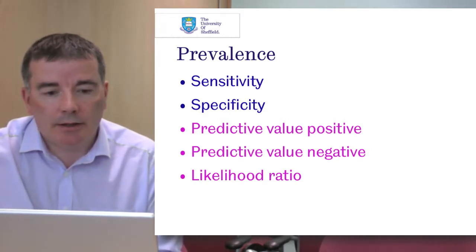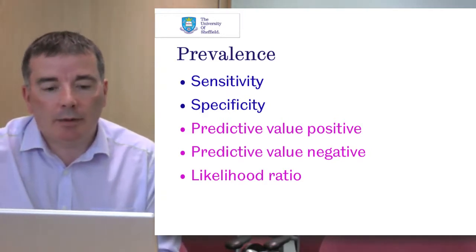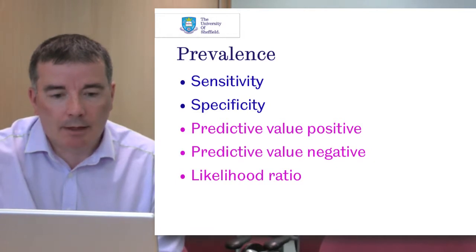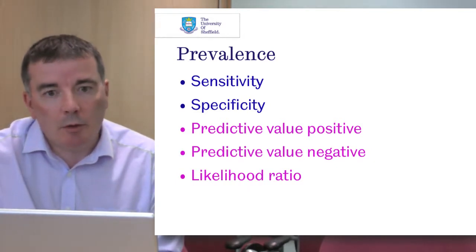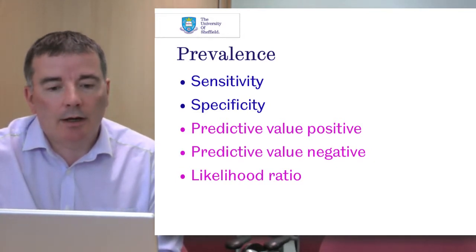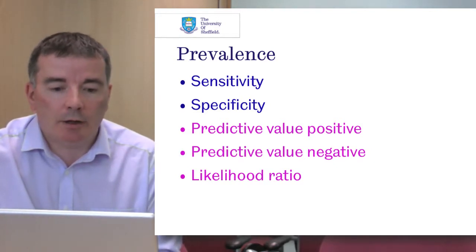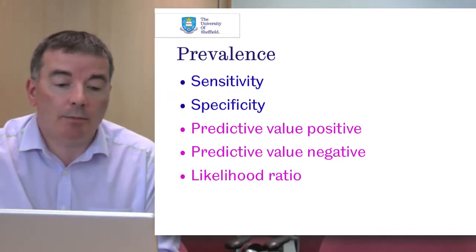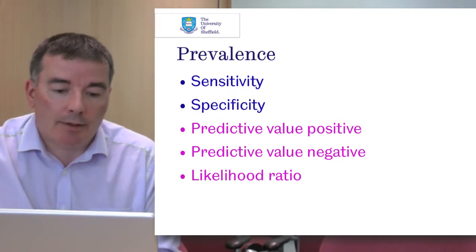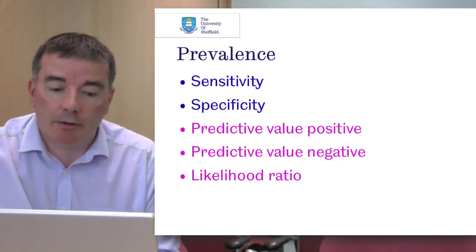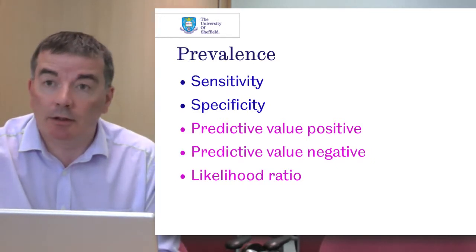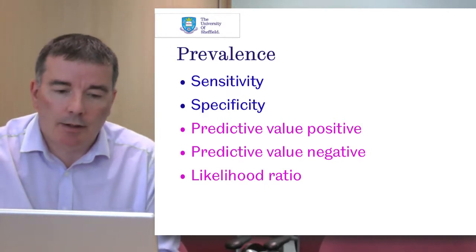Sensitivity and specificity are not affected by the prevalence of the disease. And when you think more about these two terms, they don't actually tell you very much about the use of the terms in practice. And that's why people use predictive value positive, predictive value negative, and likelihood ratios.